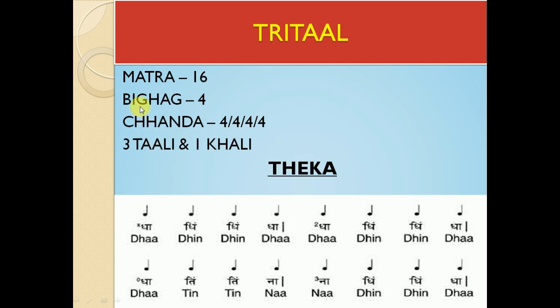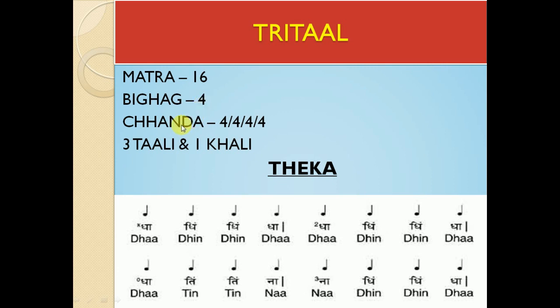Okay, now vibhag means parts. How many parts are there? 4. How come 4? See, 1 part division, second part division, third part division, fourth part division. So there are 4 parts, 4 vibhags.